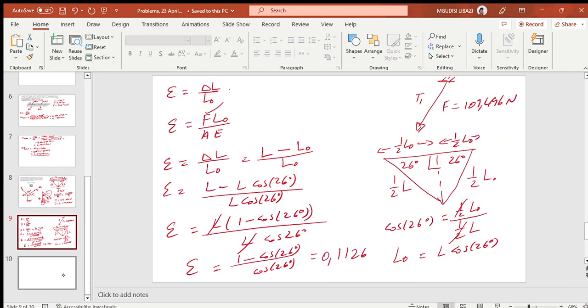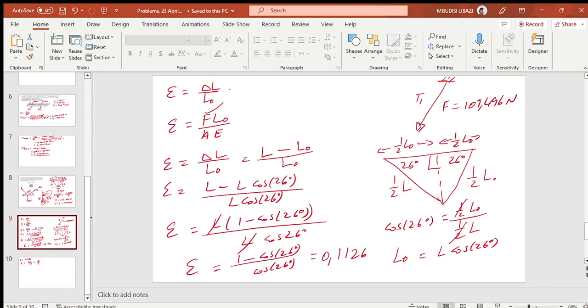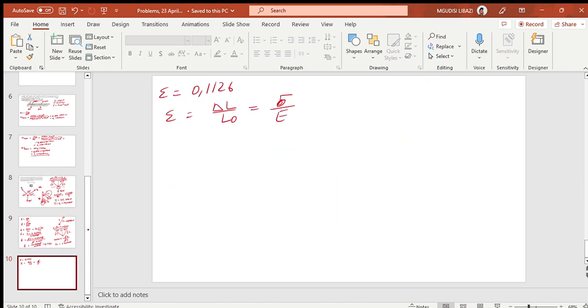So what do we do after getting that? We know now that the strain is equal to 0.1126, and we said the strain is equal to force multiplied by initial length over area multiplied by E. To make things simple, we can use strain equal to change in length over L initial, which is equal to stress over E. If you remember this formula I wrote first, that's stress over Young's modulus.